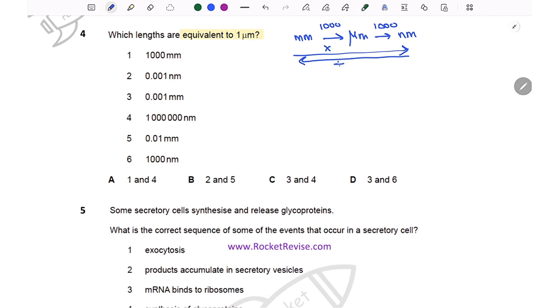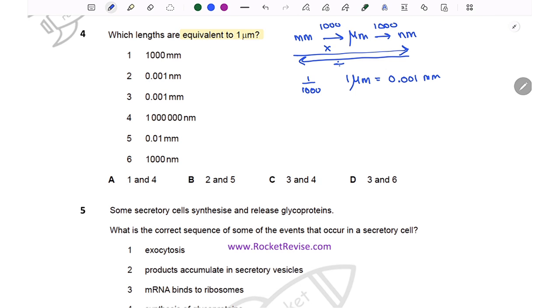Now let's see. 1 micrometer is how many millimeter? That is going to be 1 divided by 1,000. So 1 micrometer is going to be 0.001 millimeter.